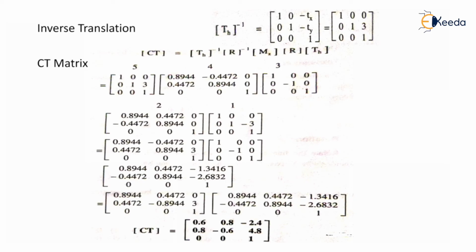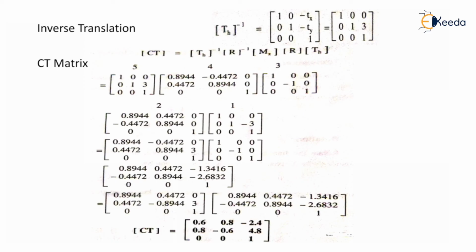Now, if you observe, there are three matrices we can multiply on the calculator, and again two matrices we have to multiply on the calculator separately. So you multiply 5, 4, 3 and you will get one matrix, then you multiply 2 and 1 and you will get another matrix.